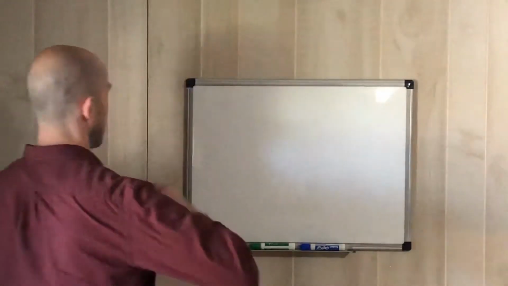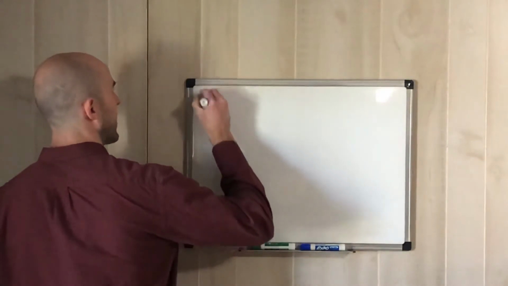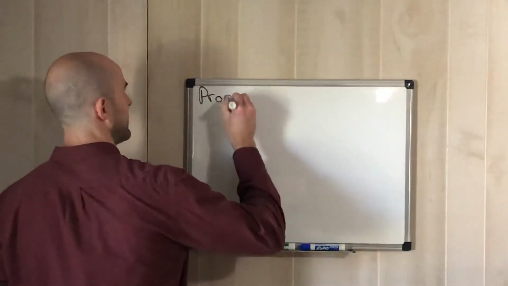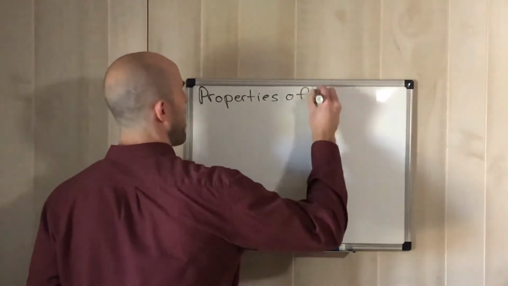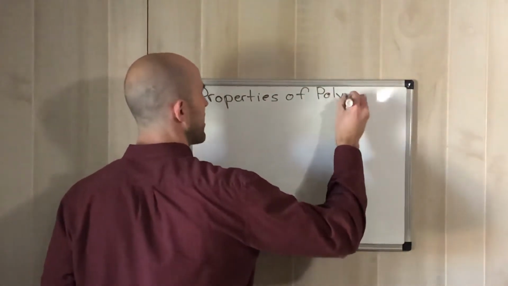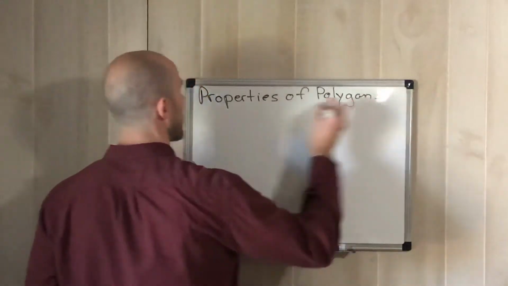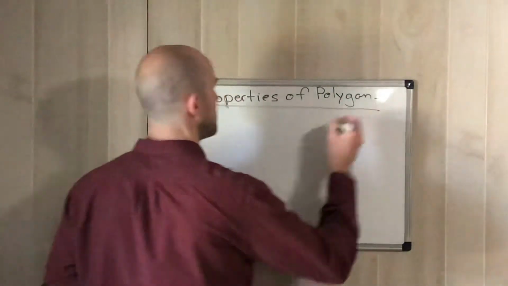So what we're going to start today, again, we're just going to be looking at properties of polygons, right? And when we hear the word polygons, some people are thinking, what is that? All polygons are, guys, are just different types of figures.